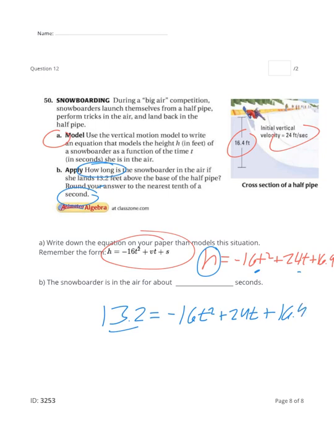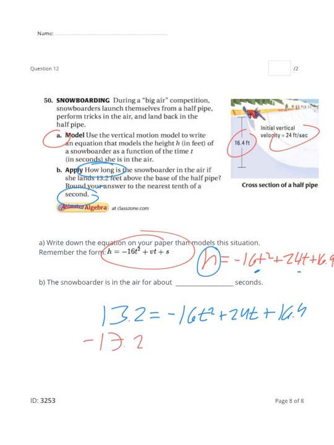And now to solve using any method, the quadratic formula is probably going to work the best here because we have some decimal numbers to work with. Maybe it'll end up factoring, but if I was doing this problem, I'd probably just go to the quadratic formula. But what you've got to do is get everything to one side first. Just like with factoring, I need to have it solved for 0.